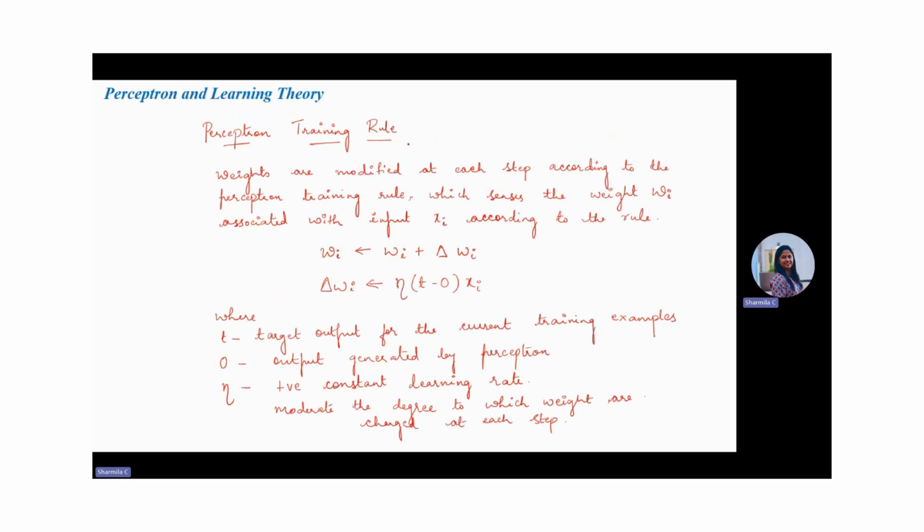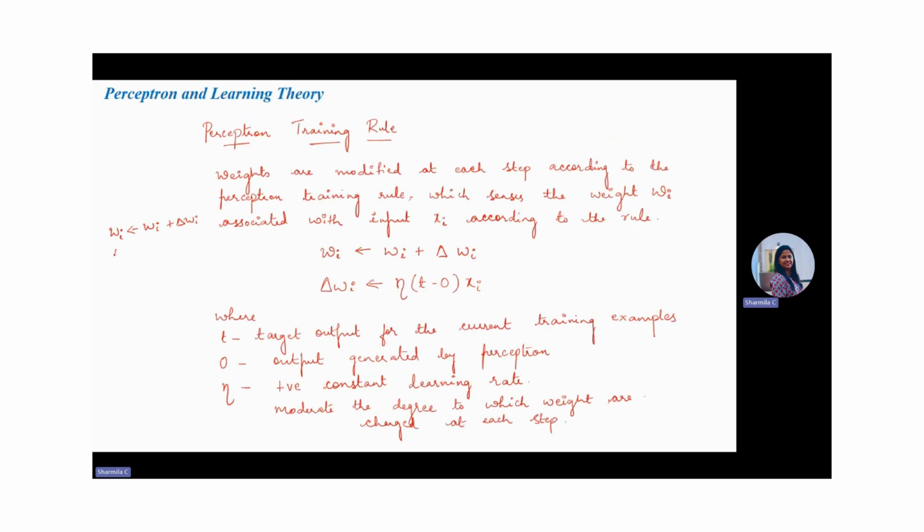When it comes to the perceptron training rule, we need to modify the weights. The weights are modified at each step according to the perceptron training rule, which updates the weights wi associated with the input xi. According to the rule, we change the value of the weight by taking the current weight associated with the input plus delta wi.